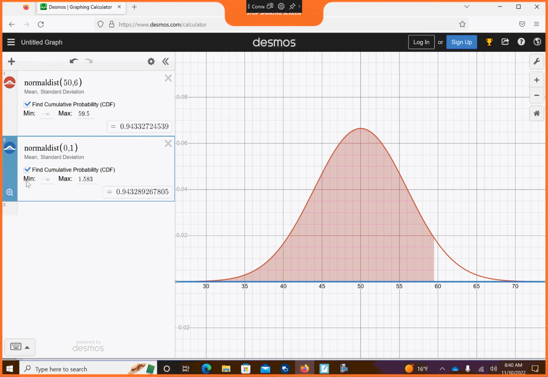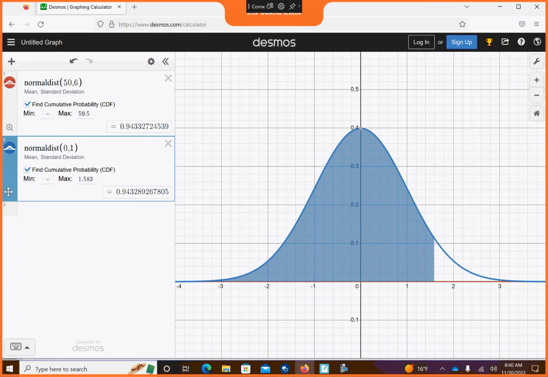If you chose to find the z-score and change the mean to 0, standard deviation to be 1, and then you plug in the z-score, it just becomes the same thing. It's the same graph. It's just this one is centered around 0, 0. The other one is centered around 50, 0. Does that make sense?